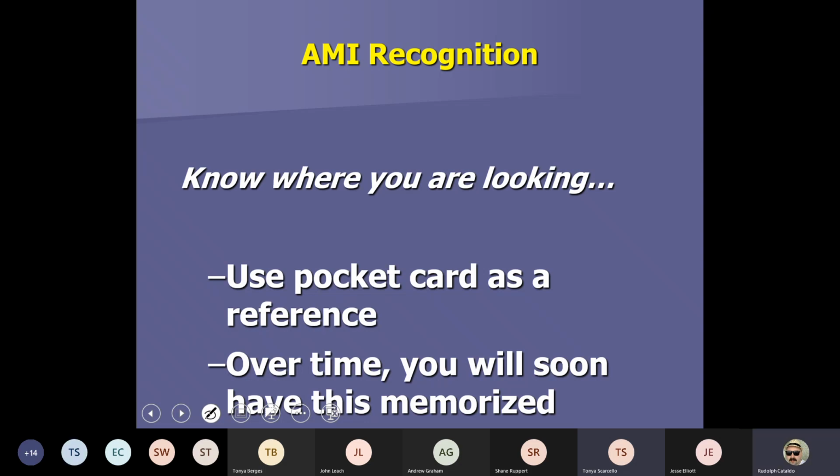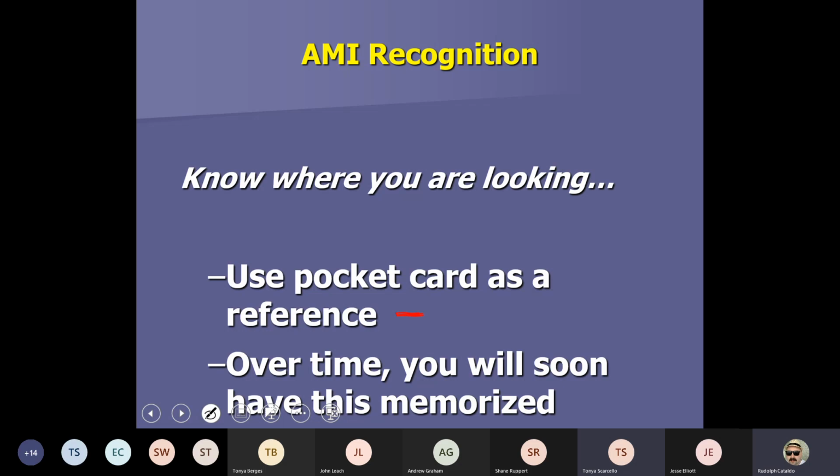I know with past students, and even with me when I was going through paramedic school, I bought a pocket reference card off of Amazon. Don't do that. I have cards at the college that I can give you guys that will outline which leads look at what, and you can stick them on the back of your badge. It might help you out a little bit, especially when you're at the hospital or in a field clinical, and you draw a blank.